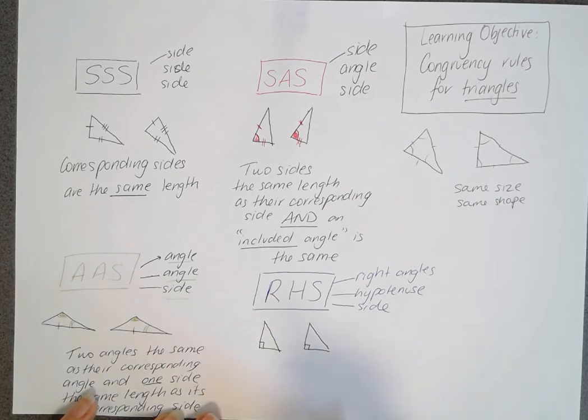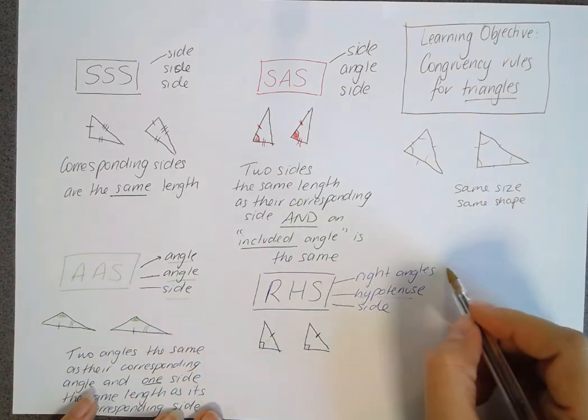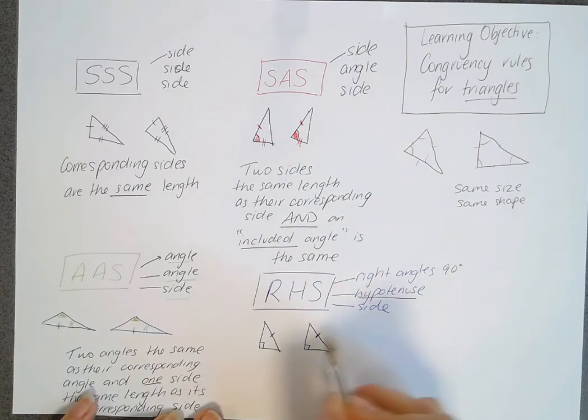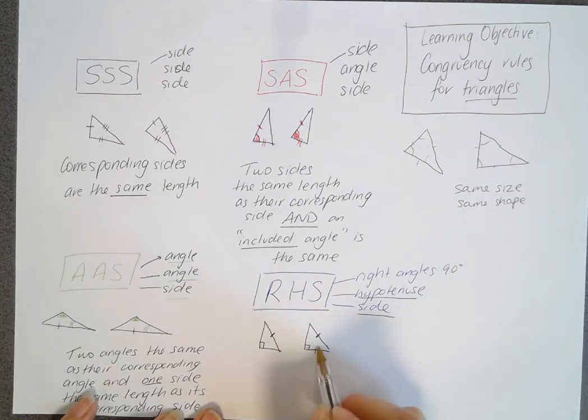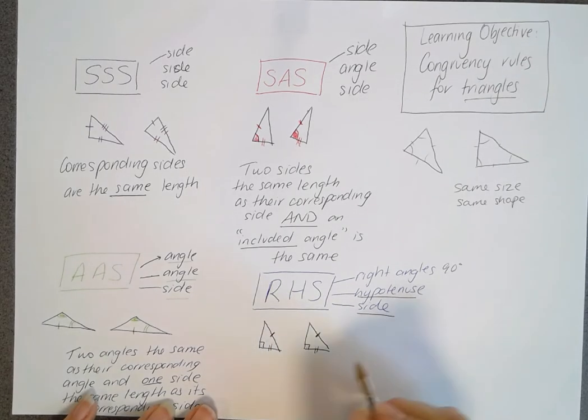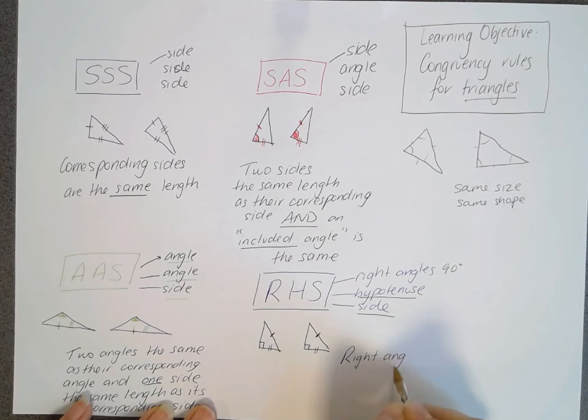Okay, right angle is here. The hypotenuse has to be across from the right angle, and they must be the same. The right angle is obviously the same. That's 90 degrees. The hypotenuses have to be the same. And one other side, so that might be this one. Remember, they have to be corresponding and matching. So in this one, there is a right angle, same size, obviously.